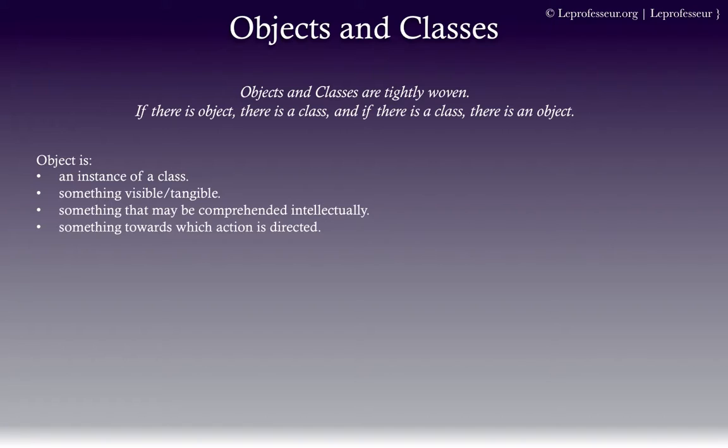Now, what do we understand with an object? Well, first of all, it's an instance of a class. Second, something visible or tangible. That is visible or tangible in terms of physical world objects, but say virtual world objects may not be visible by eye, but they may have a concept. So understand that the objects are representing a certain behavior, and the concepts are the classes.